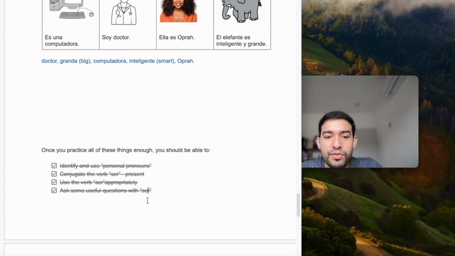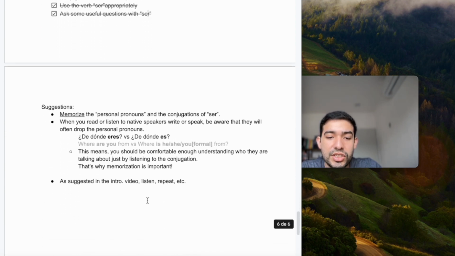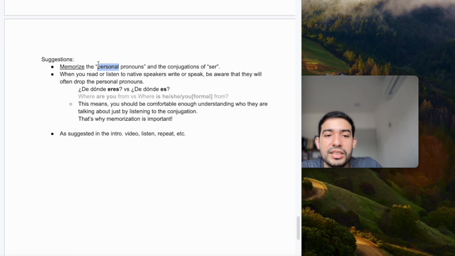Now, before you move on, here are some suggestions. Memorize the personal pronouns and the conjugations of ser, especially the conjugations of ser, right? Remember that we will often drop the personal pronouns, which is this next point. When you read or listen to native speakers write or speak, be aware that they will often drop the personal pronouns.